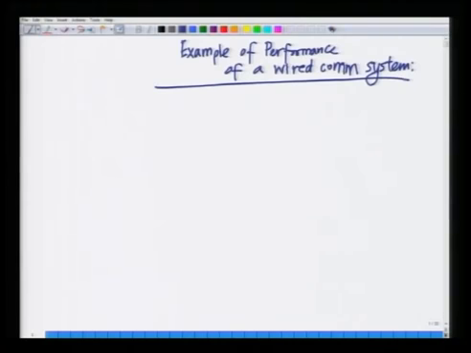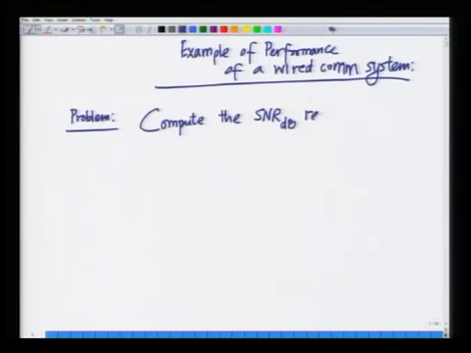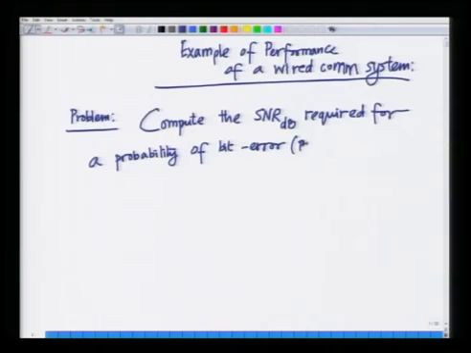So, in this example we want to compute, the problem is, compute the SNR in dB required for a probability of bit error, that is bit error rate, equal to 10 power minus 6.